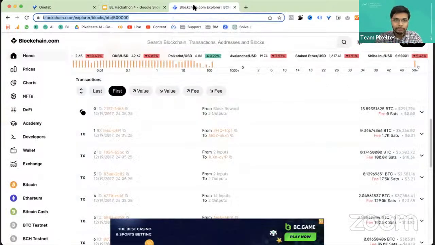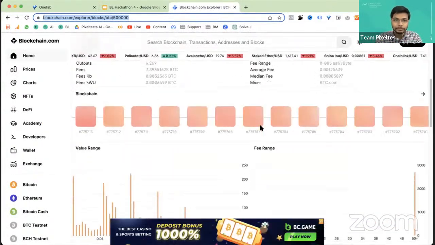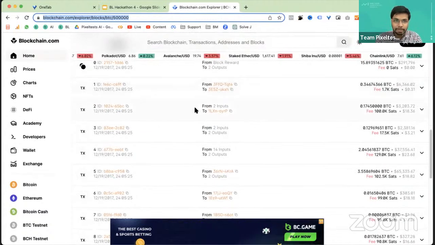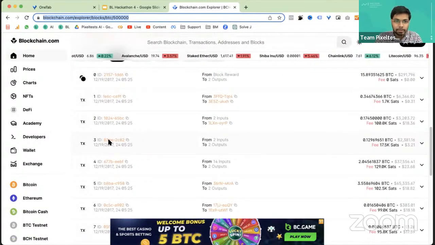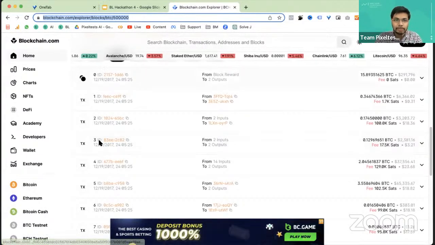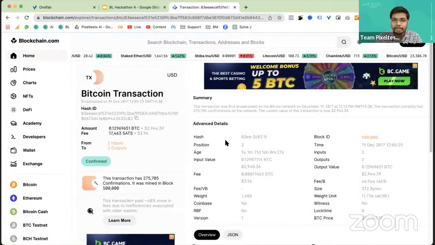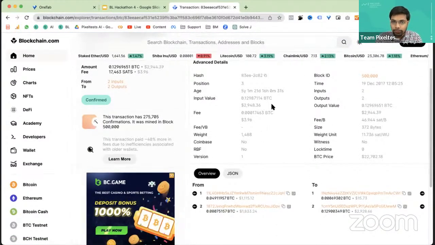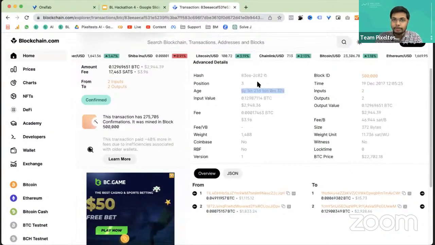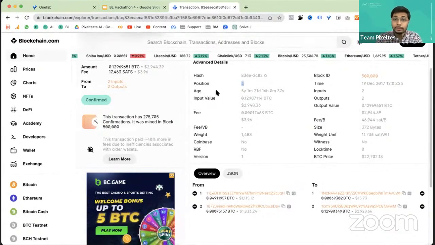Now if we come here to our block 5 lakh, you can see that there are multiple transactions. I'm going to select the third transaction, meaning starting from 0, the third transaction. I'm opening it, and in that you can see the age of that particular block, along with the ID of that particular transaction.